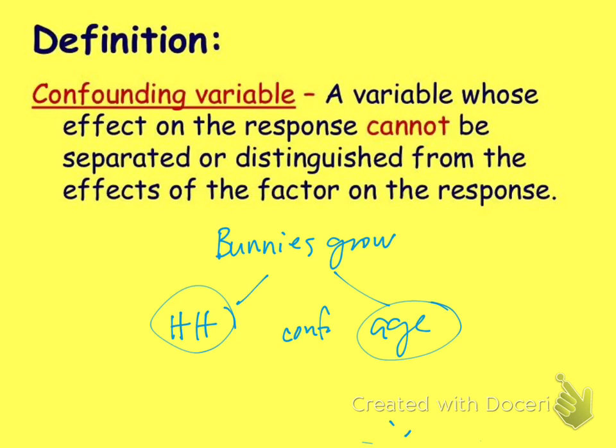So a confounding variable is any variable that could possibly affect your results other than what you're trying to test. So what we do is we try to block or we try to stratify by those confounding variables so that we can really see clear results. Does that kind of make sense?